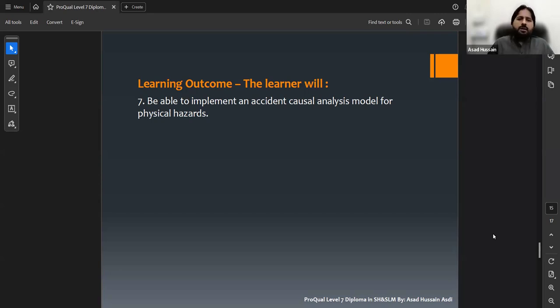So it is about implementing an accident causal analysis model, and how you can use accident causal analysis for physical hazards.